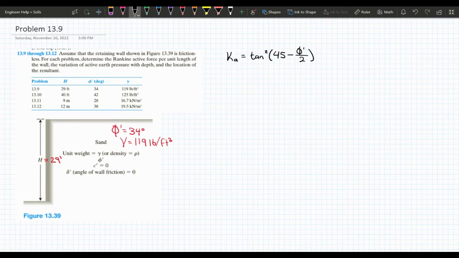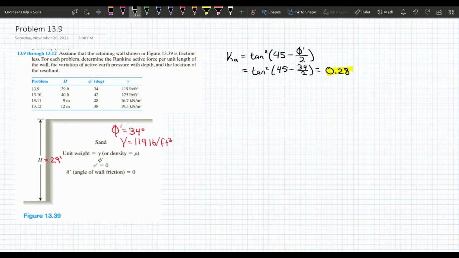This is just a simple plug and chug. So you get tangent squared of (45 minus 34 divided by 2), and that's going to give you 0.28. So that's the answer for that part.